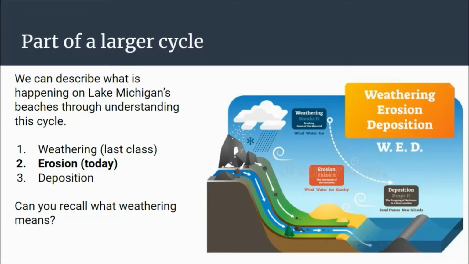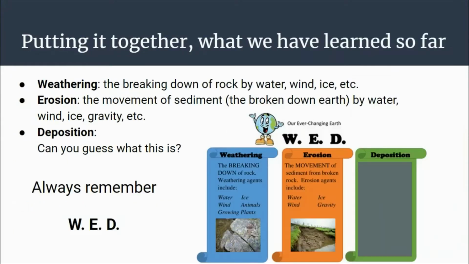Today we learned about erosion, and we're still learning about erosion. Erosion is what takes it somewhere. It's the movement of the sediment. This is also done through wind, water, ice, gravity, and everything like that. What we will be learning about in the future is deposition, and that is what we'll talk about next.